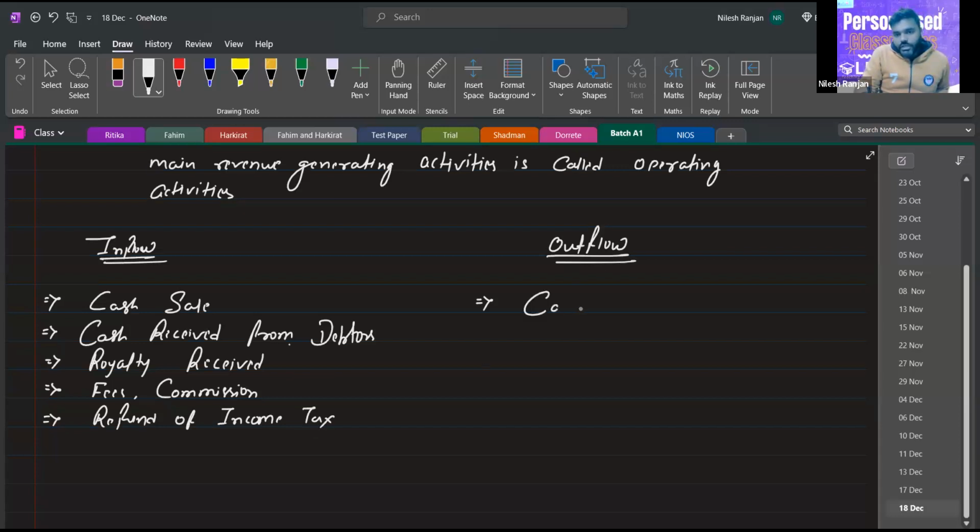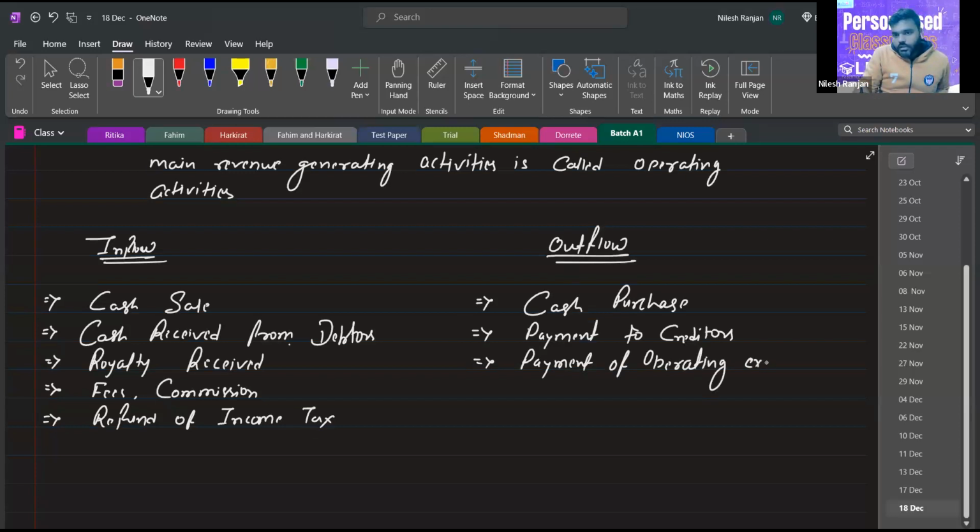And in outflow, it is cash purchase, then payment to creditors, payment of operating expenses, for example, salary, rent, wages, etc. And payment of income tax.